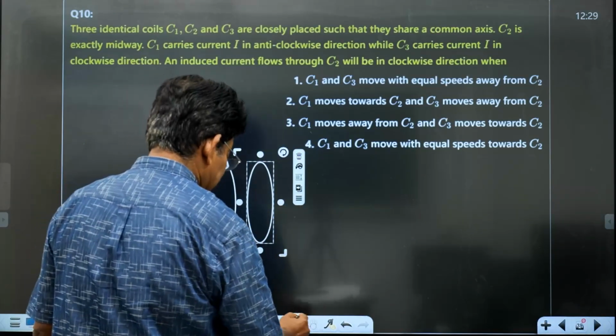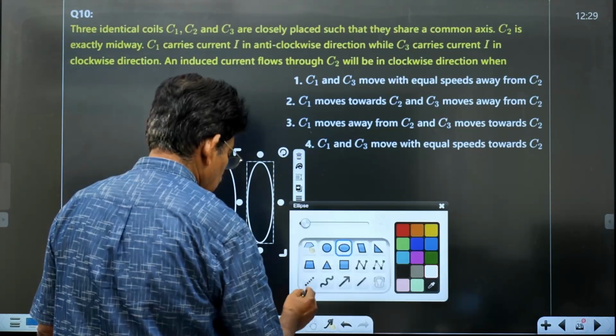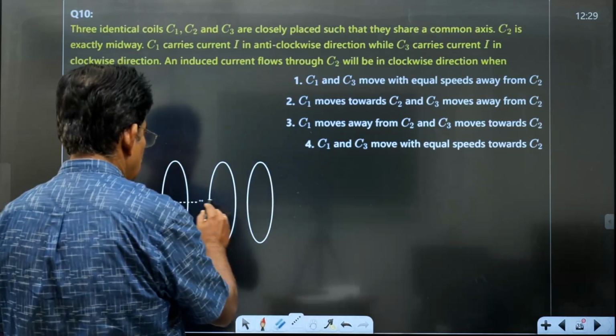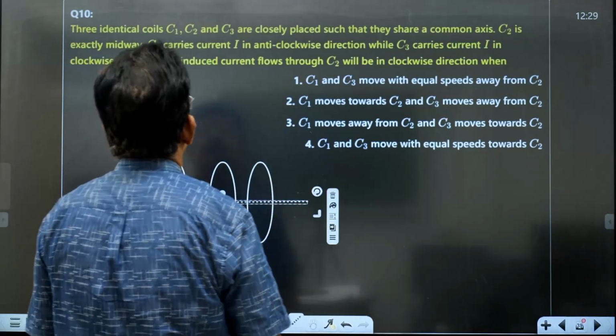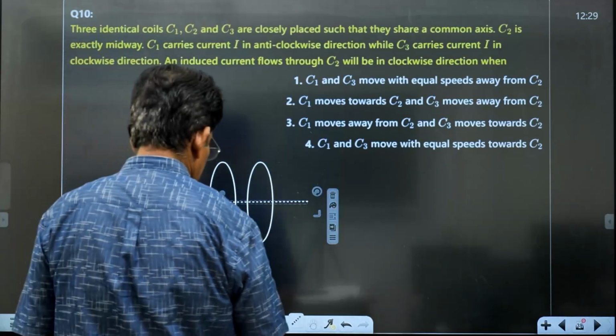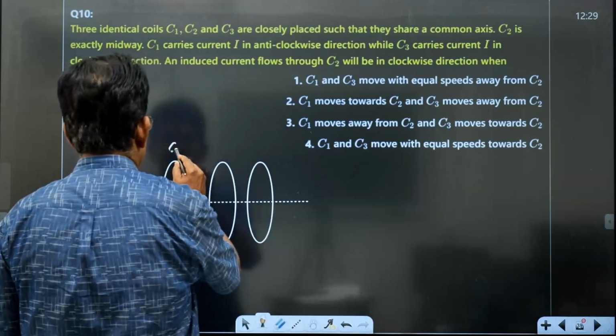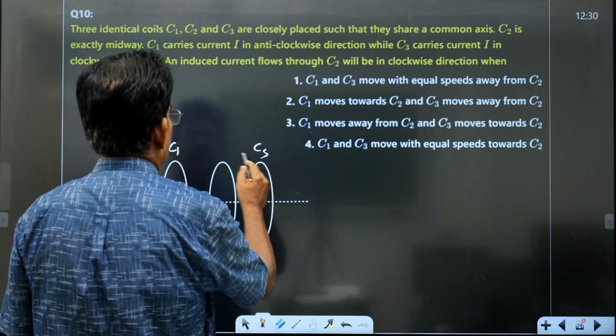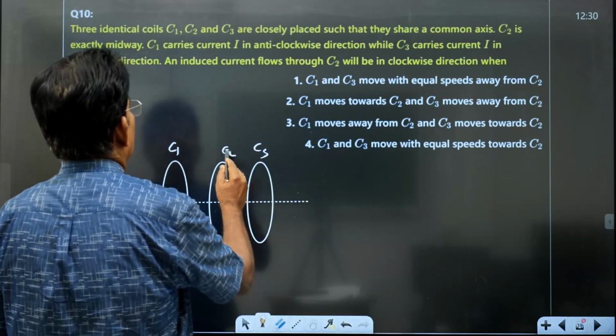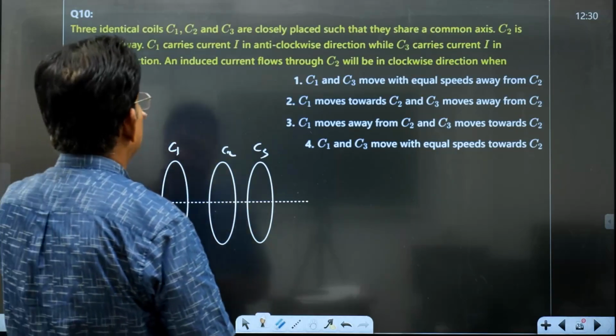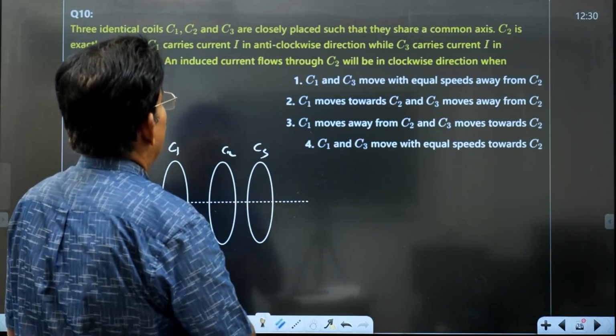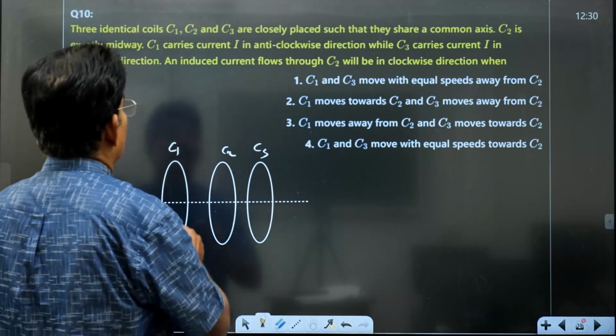So they have a common axis. And C1, C3, C2. Instead of drawing the clockwise and anti-clockwise, better I write it.